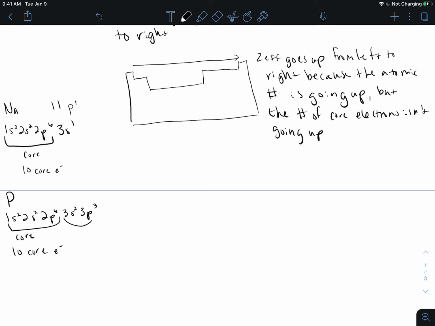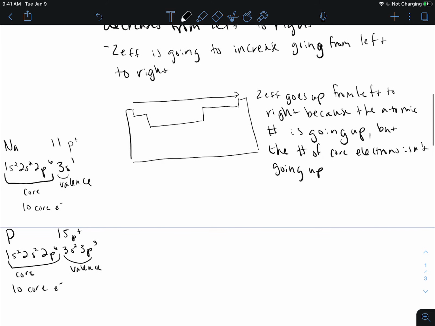And we do have more valence electrons, but our valence electrons don't shield as well as our core electrons. In the case of phosphorus, we have 15 protons. So we've increased our number of protons, but we have not increased our number of core electrons. So as we go from left to right across the periodic table, our Z effective is going to go up.